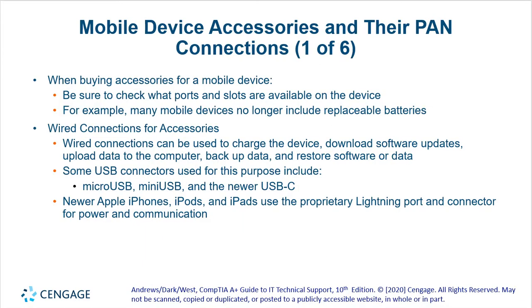And then we're going to move on to mobile device accessories and their PAN, personal area network connection. So all of the devices that can connect to your phone. There's wired and wireless devices, and you just got to make sure that you get the appropriate device. Some devices like my Pixel, I can only plug in USB-C.